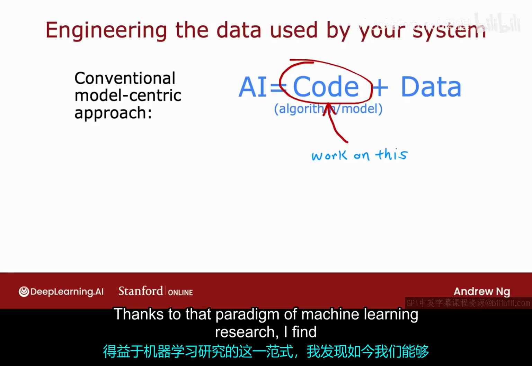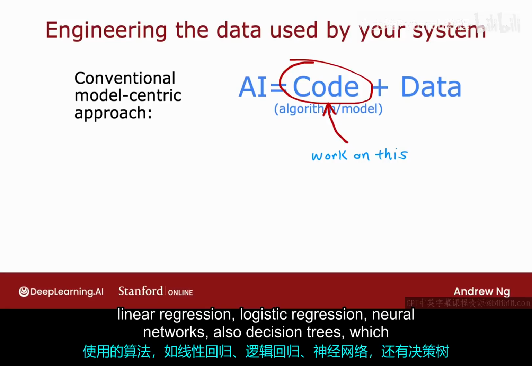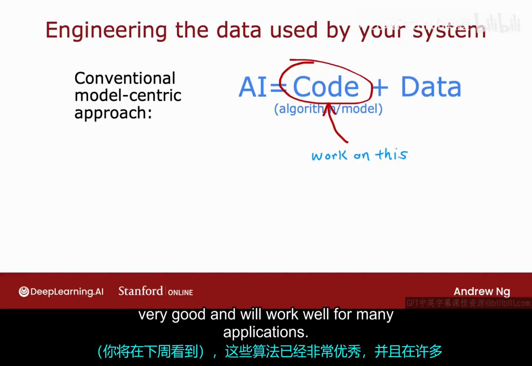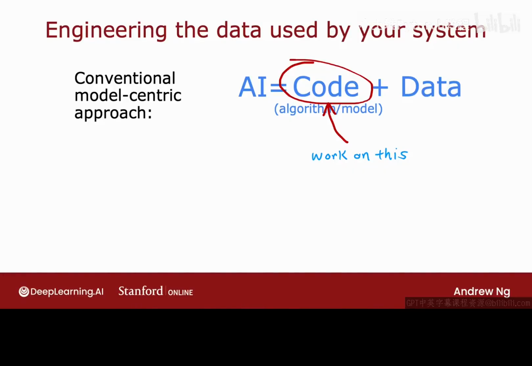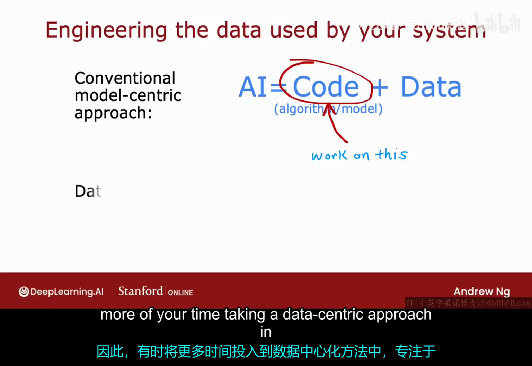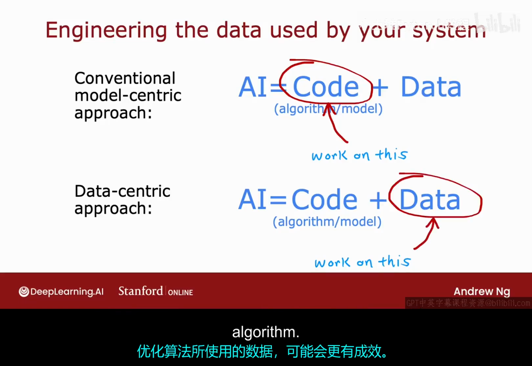Thanks to that paradigm of machine learning research, I find that today, the algorithms we have access to, such as linear regression, logistic regression, neural networks, also decision trees, which you see next week, are algorithms that are already very good and will work well for many applications. And so sometimes it can be more fruitful to spend more of your time taking a data-centric approach in which you focus on engineering the data used by your algorithm.